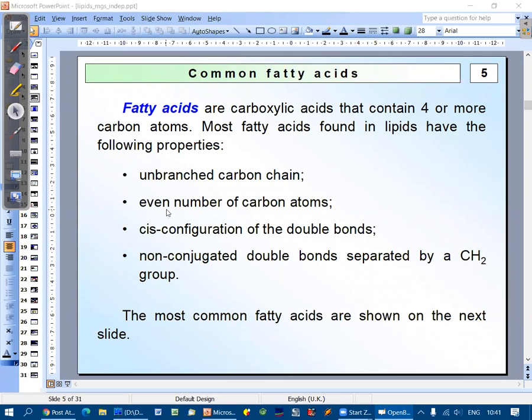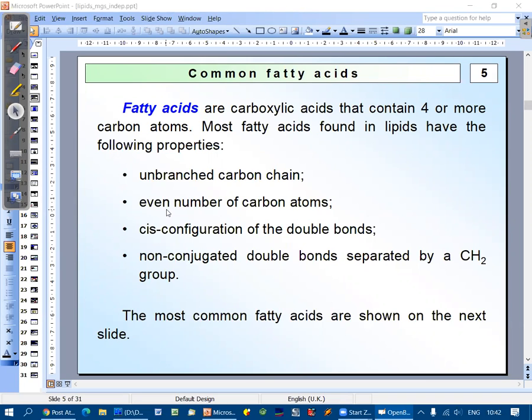Then they contain an even number of carbon atoms, including the carbon in the carboxylic group. This is explainable because the synthesis of such fatty acids is the process of ester condensation, such as, for example, condensation of acetyl coenzyme A. And each step of ester condensation will add 2 carbons to this carbon chain. That's why the result is an even number of carbon atoms.